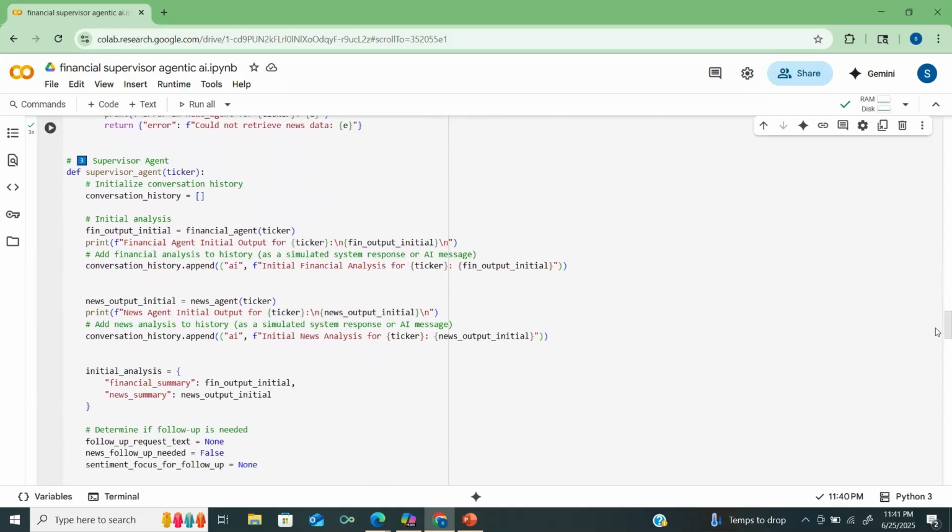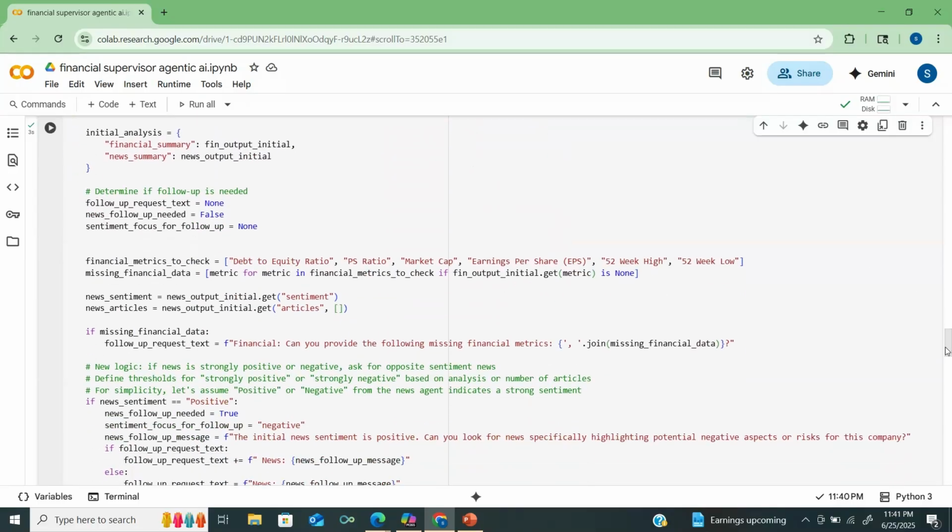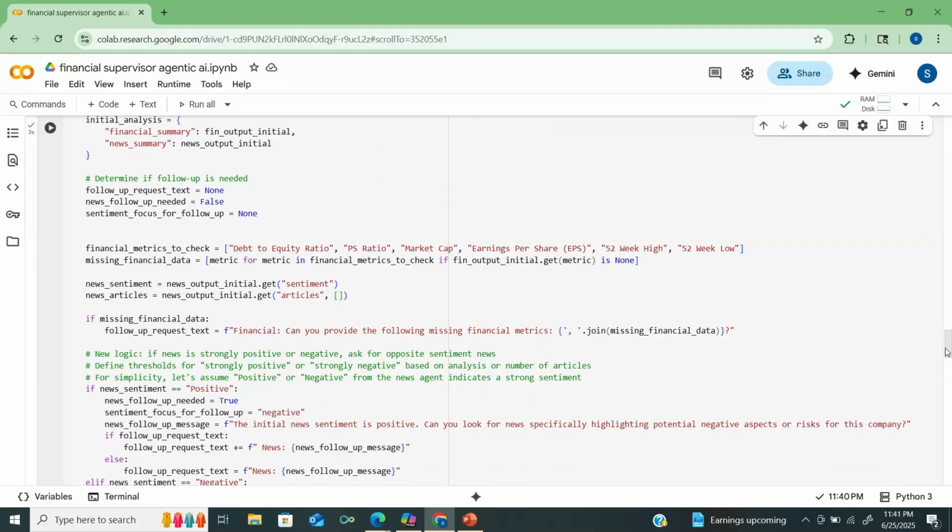And finally, the supervisor agent calls the financial agent and news agent for getting the data related to that particular stock, and it will analyze it. Suppose for news, if it gets completely positive news, then it will follow up for the negative ones also.